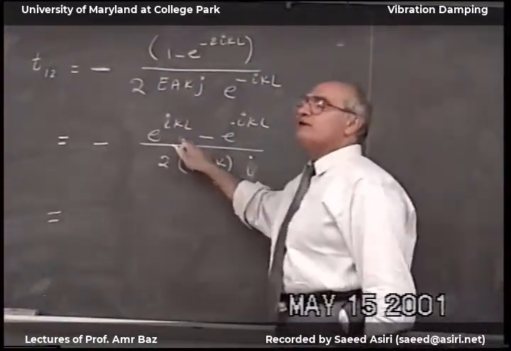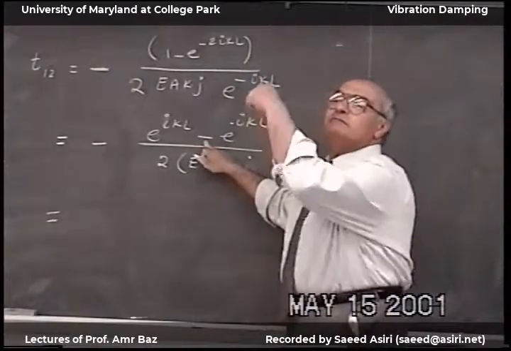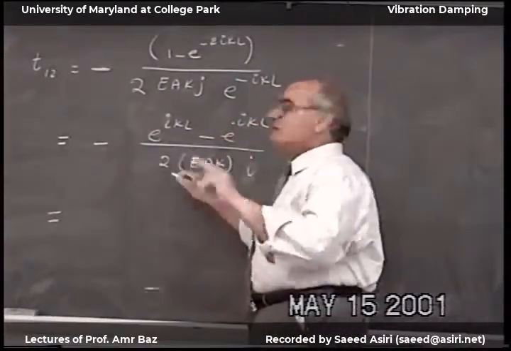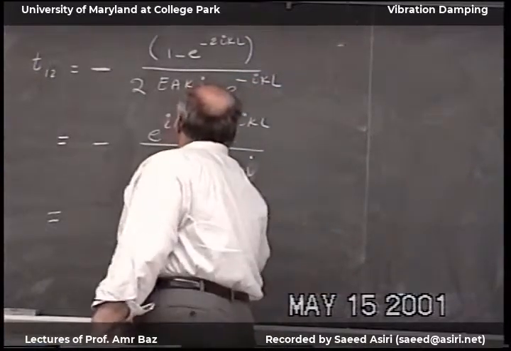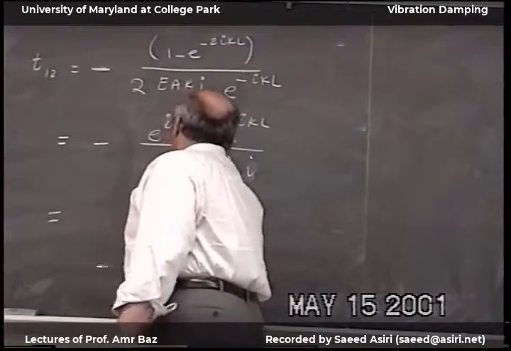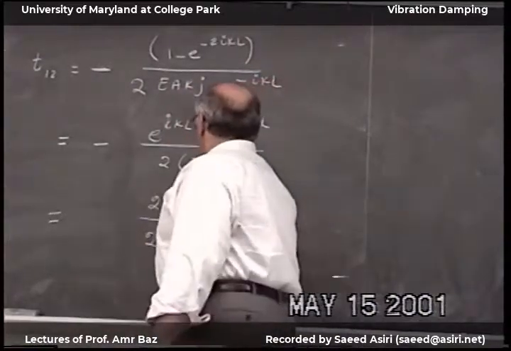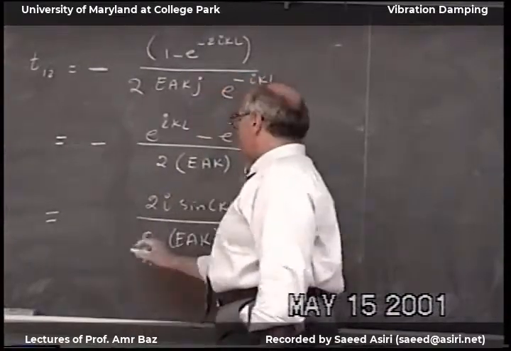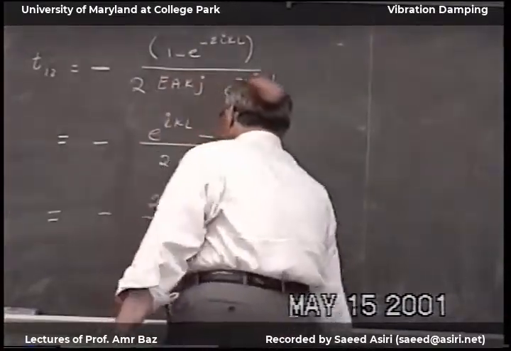So I have cosine minus sine, cosine minus minus, so it becomes plus sine. So I have twice i sine KL divided by 2 times a, k, and i, and then I have here a minus.